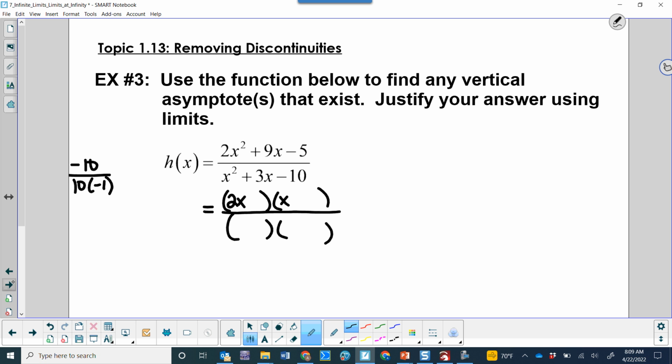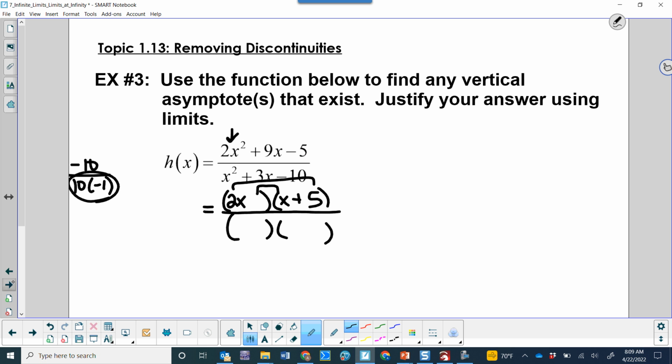So 2x and x is the only way I'm getting 2x squared if I'm going to use positive integers. And then my outside product and my inside product must be these two numbers, ignoring the x part, the coefficients work that way. So I can't take 2 times an integer and get -1, but I can take 2 times 5 and get 10.